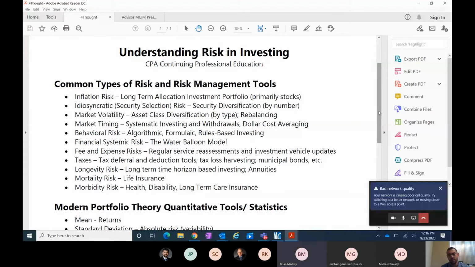Behavioral risk, when it comes to the retail investor, is essentially the idea that investors, especially retail investors, but also professional money managers, just about any market participant, is subject to behavioral risk. We're human beings. We are not perfect, systematized, computerized decision makers.